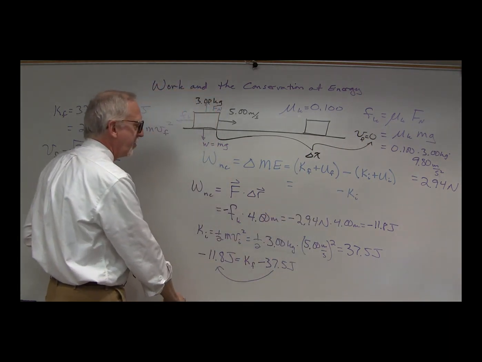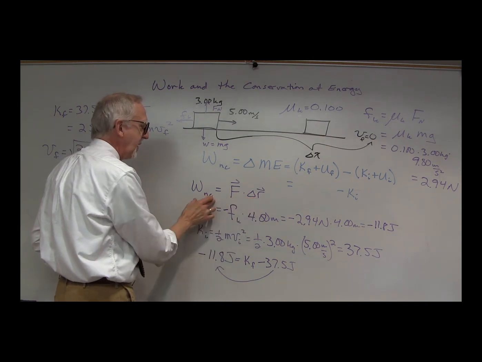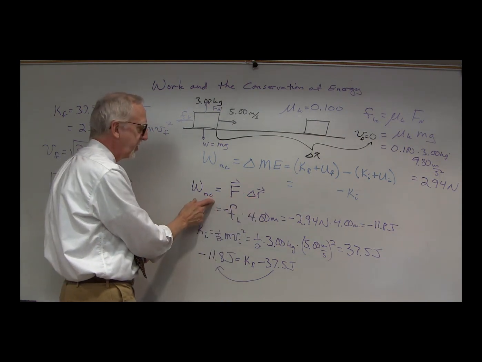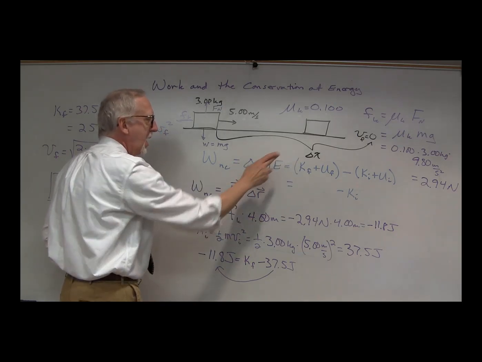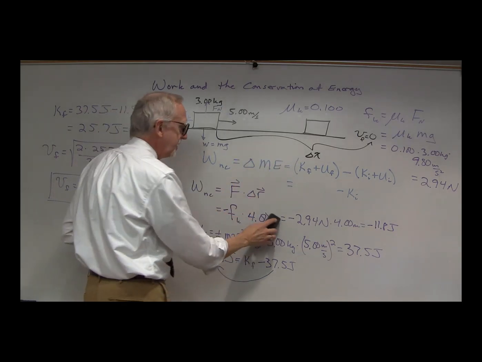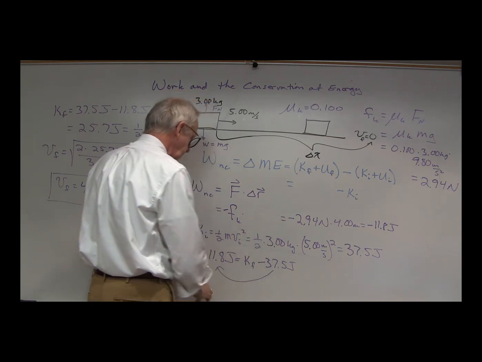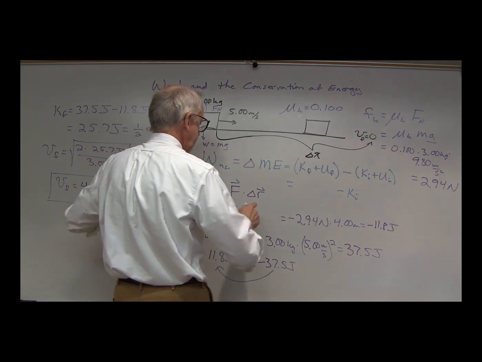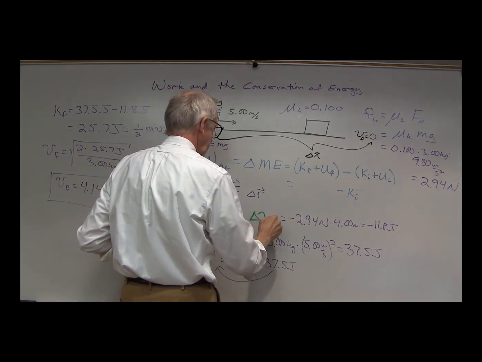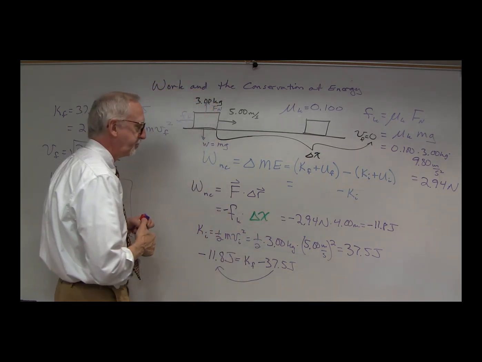So what do we have? We've got the work done by the non-conservative force, the friction, which is, again, negative F times, oh, well, now our displacement is not 4 meters, it's going to be delta x, and we don't know what delta x is. I'll put this in a different color. Delta x. And we're trying to solve for delta x.